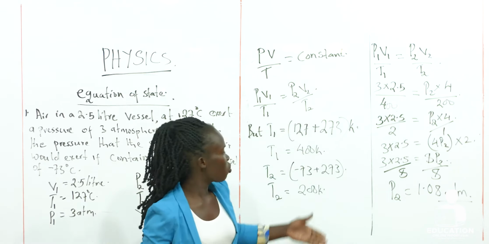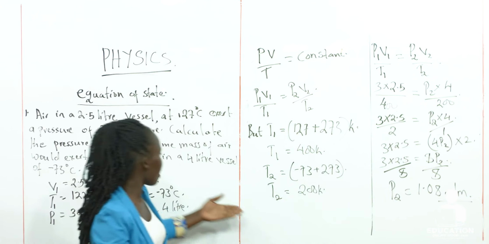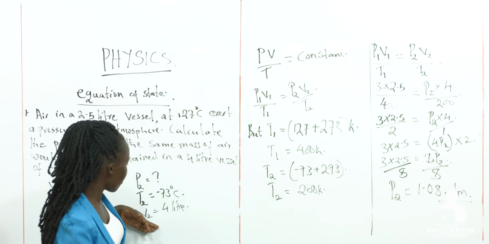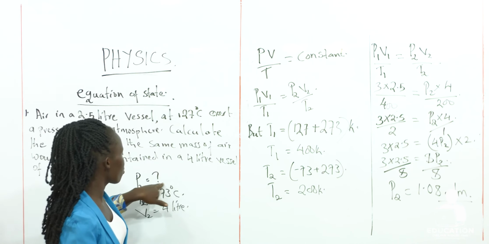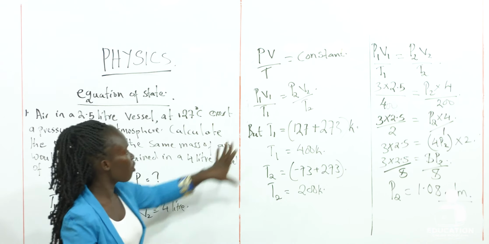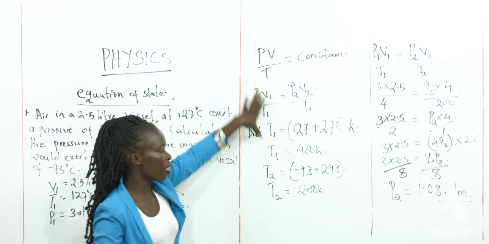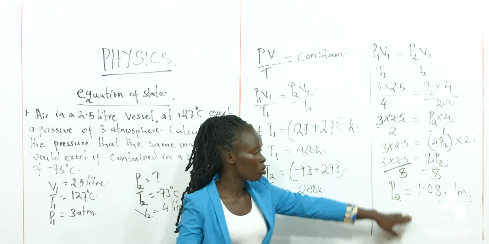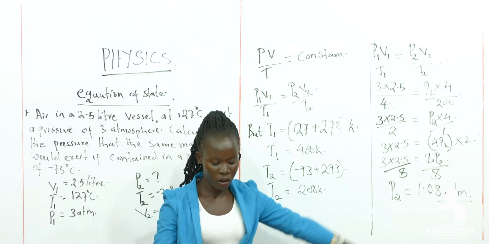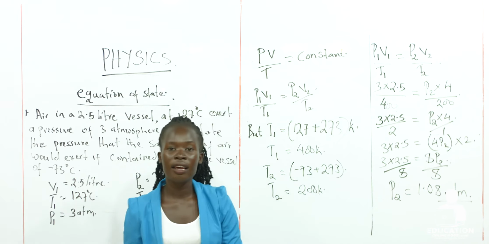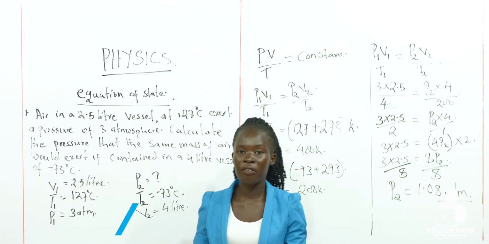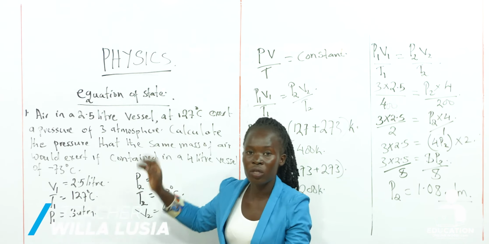Here they have given us the temperature at the end and the volume at the end, but they wanted us to find the pressure. So if we apply this formula, it becomes very simple for us to get the pressure that is required. So learners, this is how we use the equation of state for working out numbers like this.